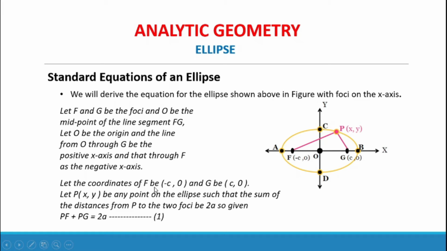Let the coordinates of F be negative c comma 0 and G be c comma 0. Let P, at x comma y, be any point on the ellipse such that the sum of the distances from P to the two foci is 2a. So given PF plus PG is equal to 2a, and that's equation 1.